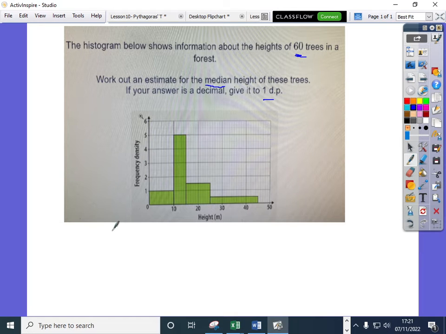Okay, the best way to answer this question is, first of all, let's put the class intervals here. The class interval for the first one is the height x between 0 and 10, so 0 ≤ x < 10.